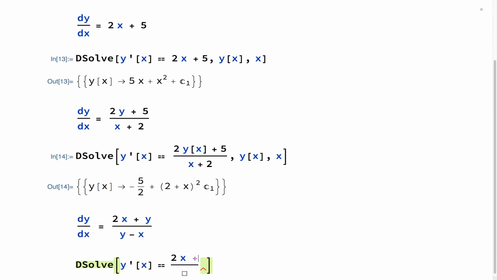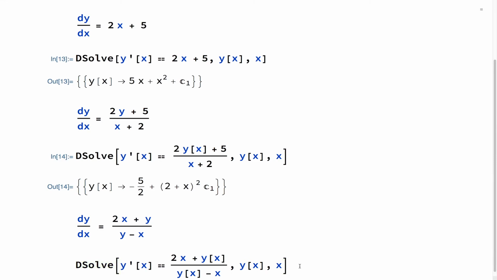2x plus y. Y is always written as y of x, and then down y of x minus x. Then you give the other parameter, which in this scenario is y as a function of x and the variable x.